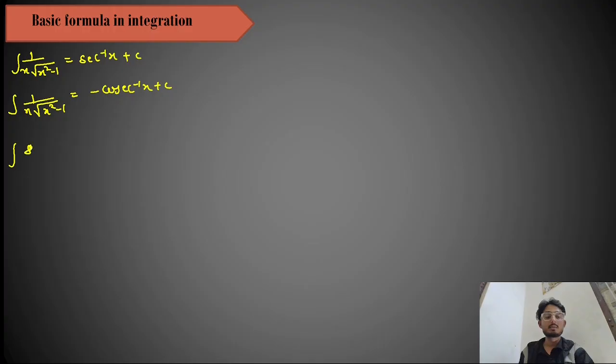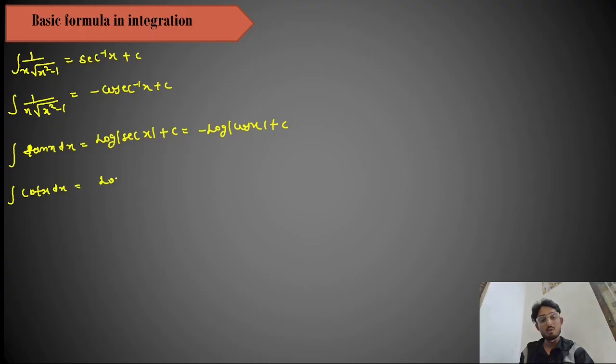Integral of tan x dx equal to log sec x plus c, or minus log cos x plus c. Now integral of cot x dx equal to log sin x plus c. Integral of sec x dx equal to log sec x plus tan x plus c.